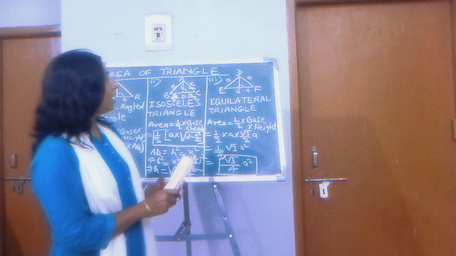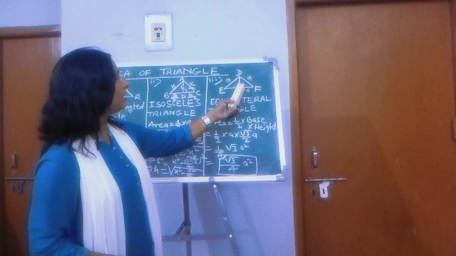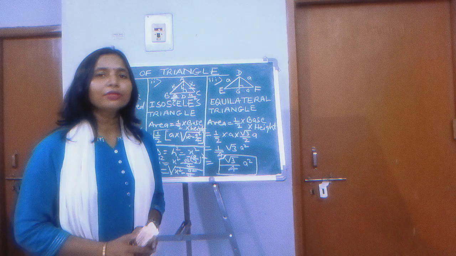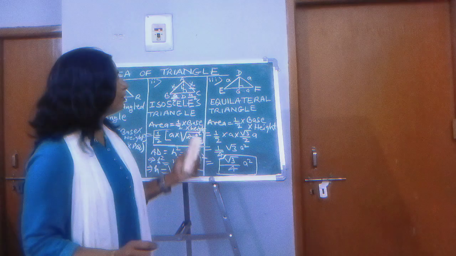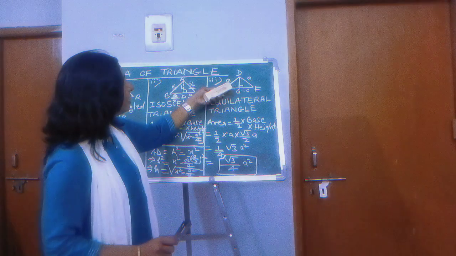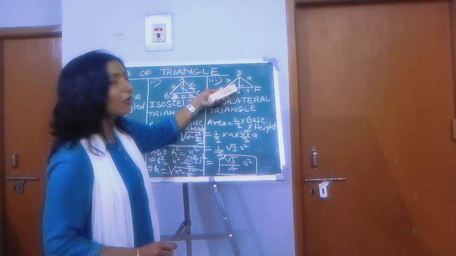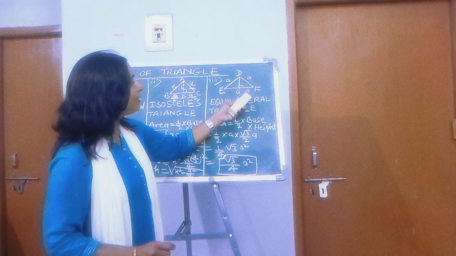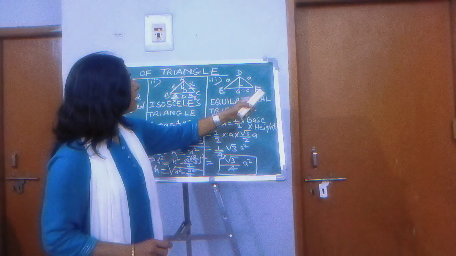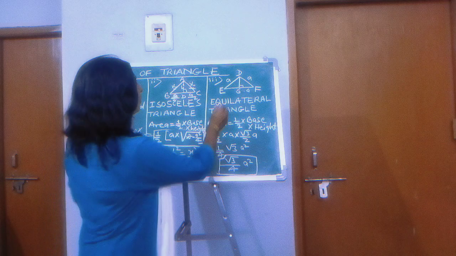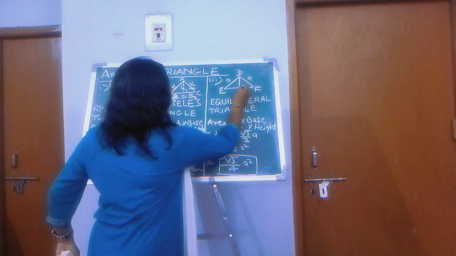Let us see, this is a right angle triangle. So here we can use Pythagoras theorem as in the previous case. When we use Pythagoras theorem, this DG, the perpendicular height, is equal to hypotenuse square minus base square. Means A square, and the base will become A by 2.